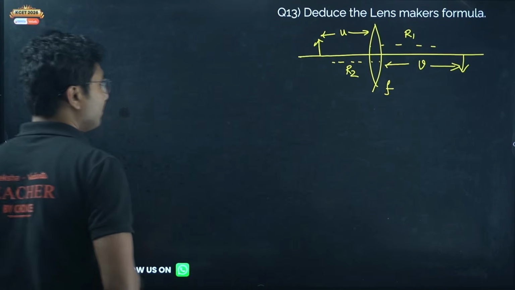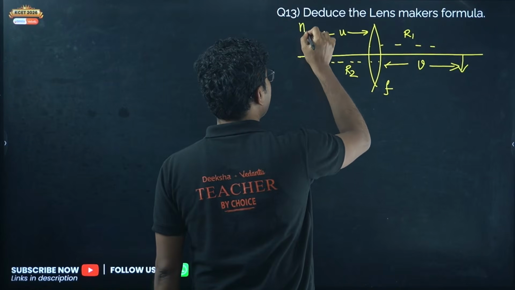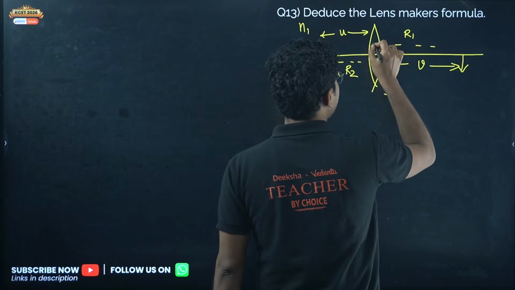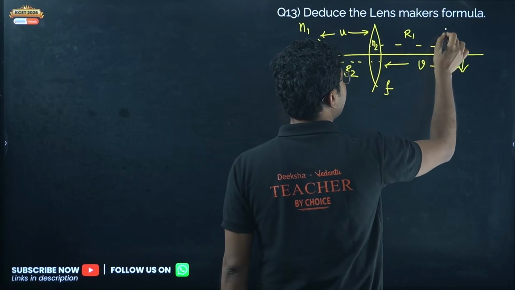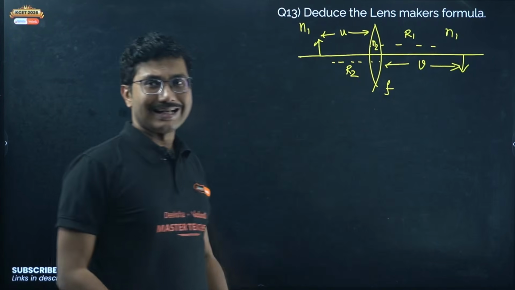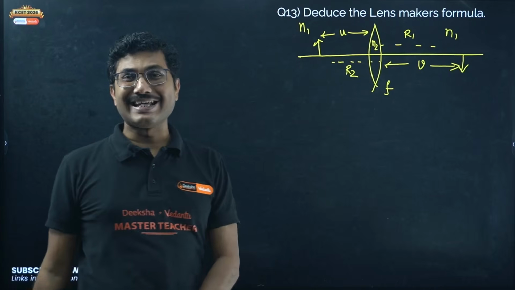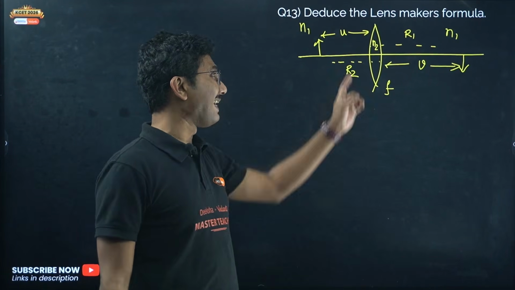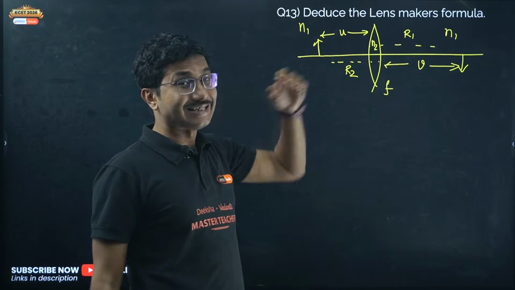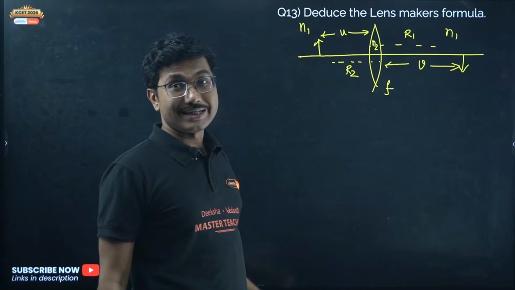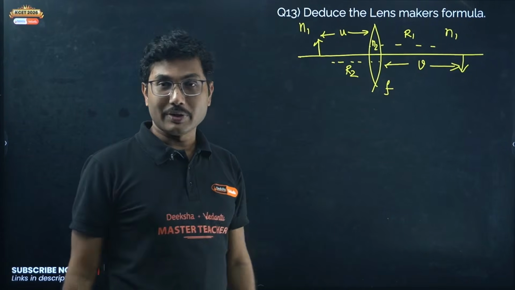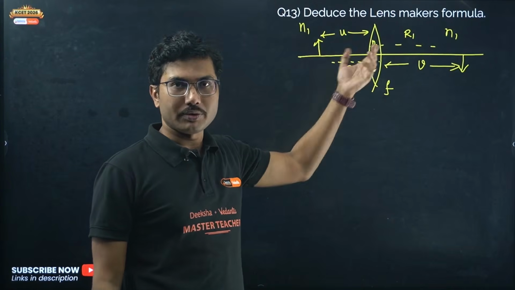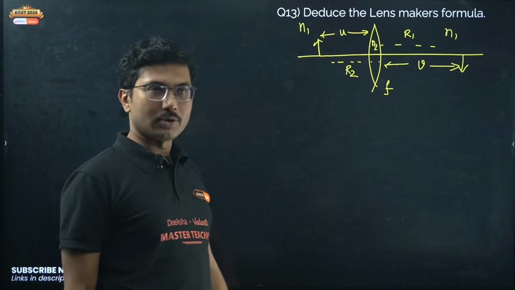Now this medium has refractive index n1, the lens material has refractive index n2, and this one is again n1, because it's a lens, so both sides must have the same refractive index. If n1 is air, if the first and second medium is air, then you can put n1 equals 1, but otherwise start with the general formula, then we will move on to the specific formula for air.